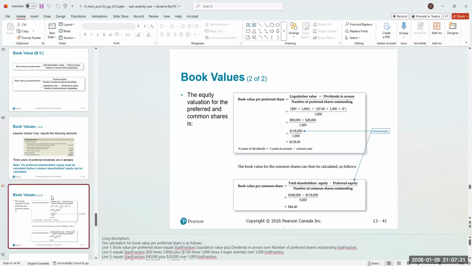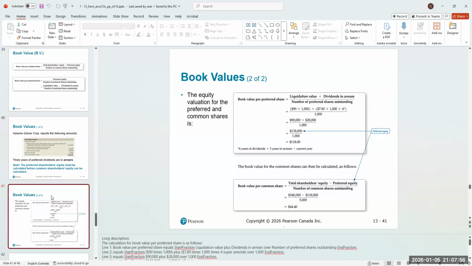So don't forget, we pay first the past years in arrears, then we pay the current year, and then we close those shares. So we have to consider 90,000 for the liquidation value plus 28,000 for the 4 years, 3 past and 1 current, divided by 1,000, and we come up with a book value per preferred share of $118.